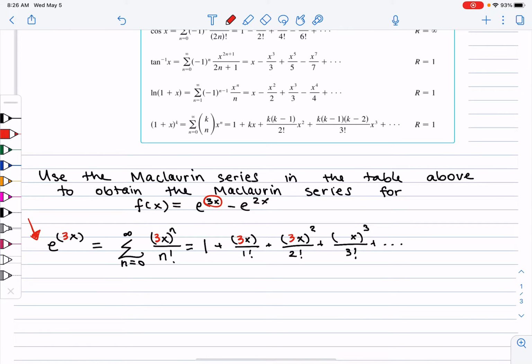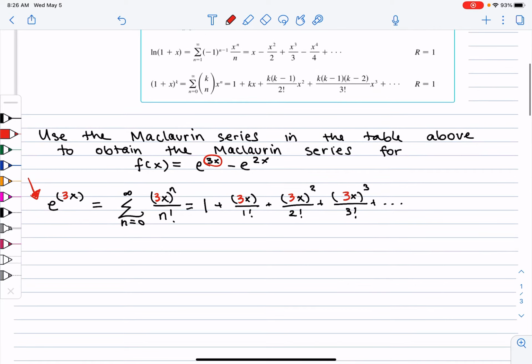Instead of every x that we wrote earlier, we're going to write 3x. So e to the 3x is sigma, again, as n goes from 0 to infinity of 3x, the whole thing to the nth power over n factorial.